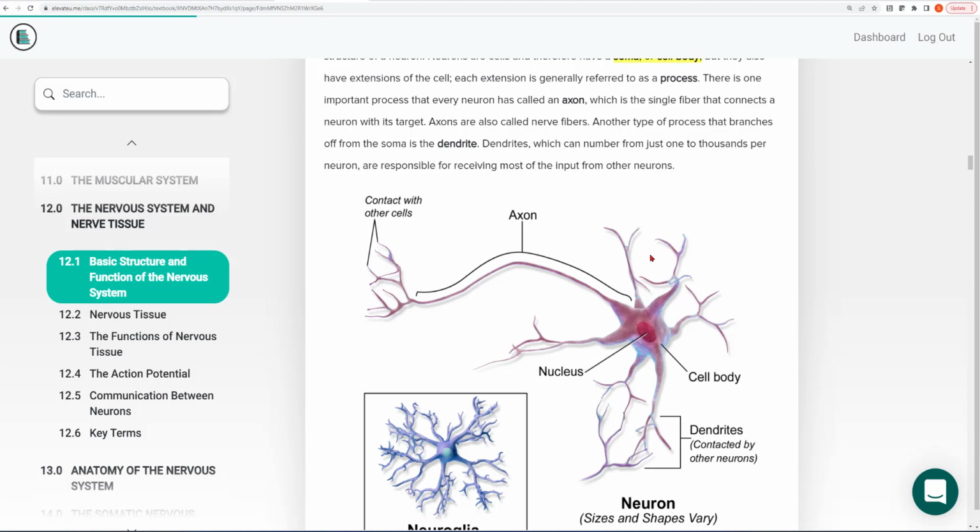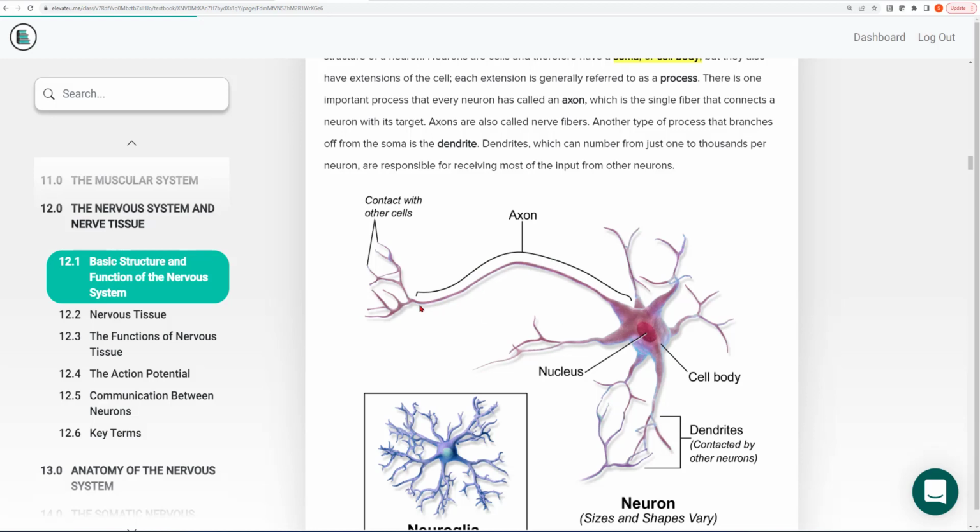Then most neurons have one much longer single process referred to as the axon. I think I may have just misspoken for a second. Dendrites are receiving information, okay? Receiving information. And the axon is sending it out away from the cell body. Yeah, I think I did misspeak there for a second.